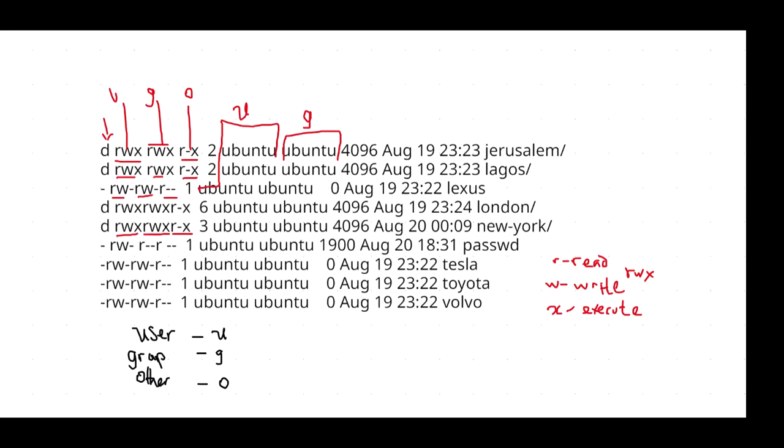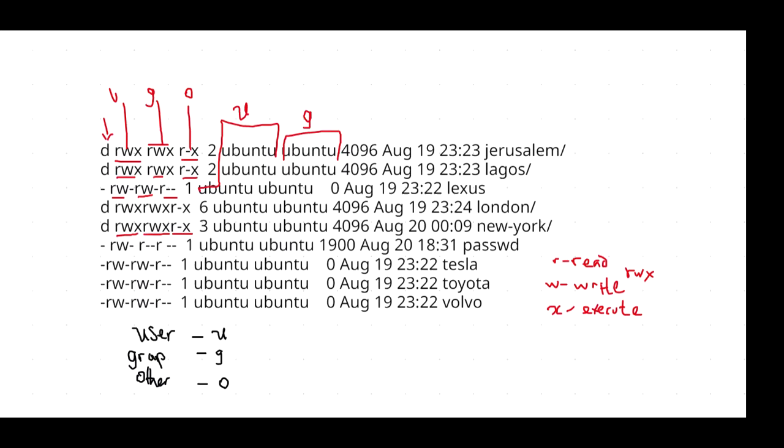Okay. So before we return, let me quickly explain this. It means that this user, Ubuntu, has, look at the permission for users, read, write, execute permission over this folder, Jerusalem.